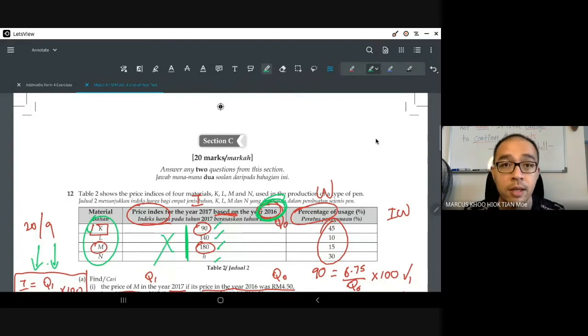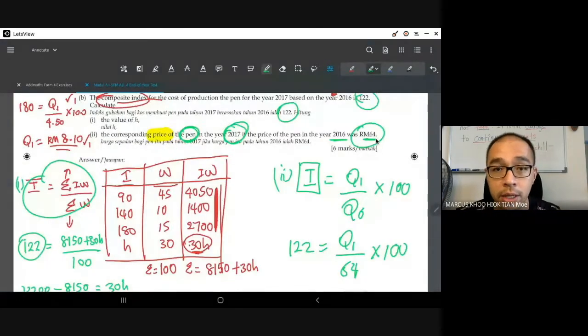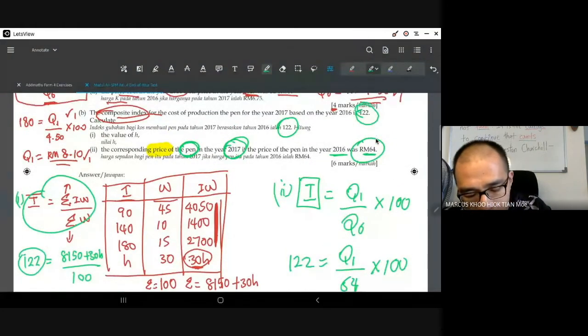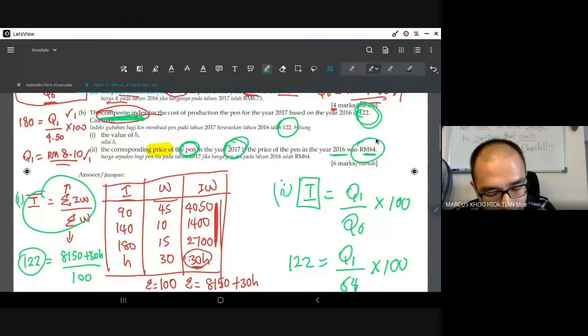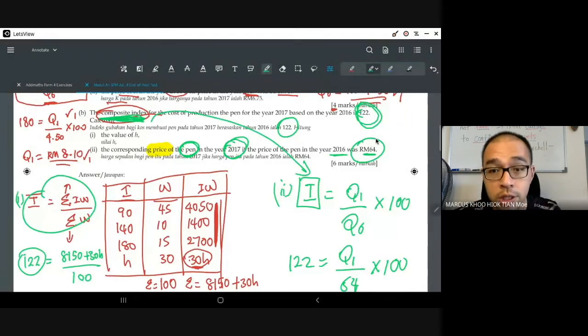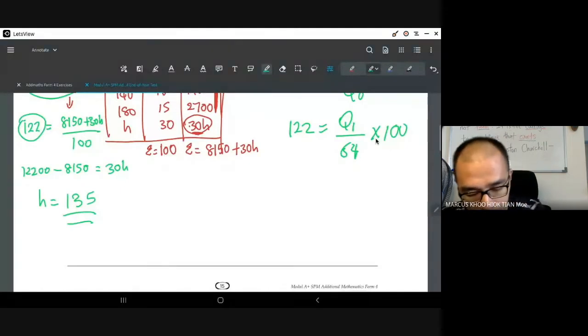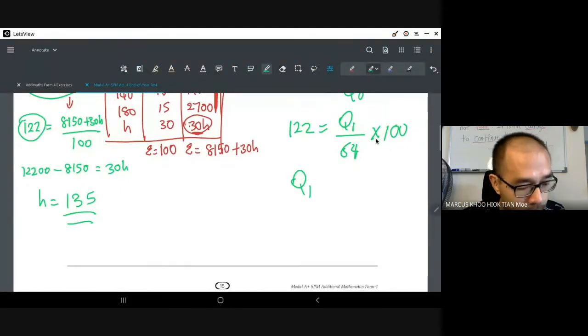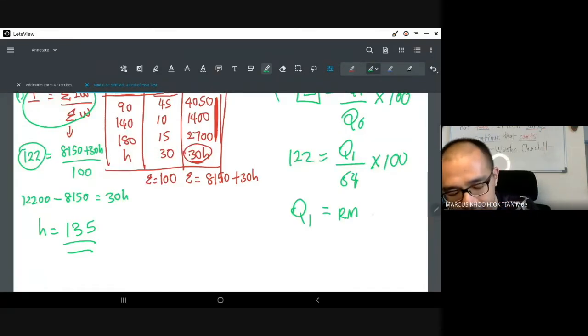We have to use the one given in the pen. Although this is called the composite index, it can still be used in the original formula, as long as we're talking about the price. All right, so can I have Q1 please? Calculate Q1 for me, Freya. Okay, 78 ringgit and 8 cents.